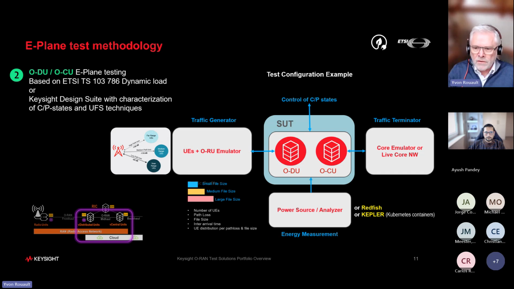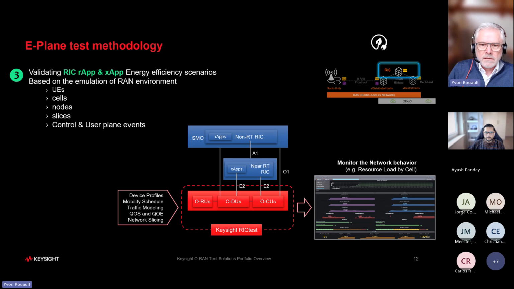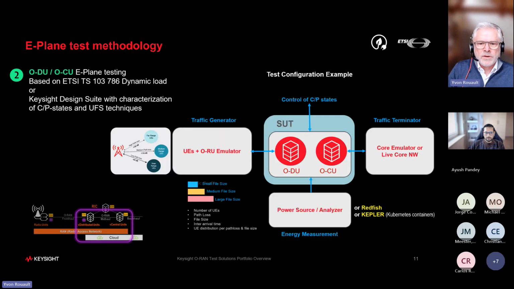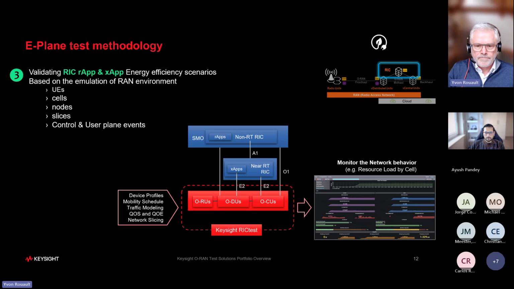You measure the energy of each of them. Okay, and you aggregate all that in a specific application, which we call the E-plane test platform. So that's the way to measure and optimize the energy on the CU and DU. I will show you an example afterwards.